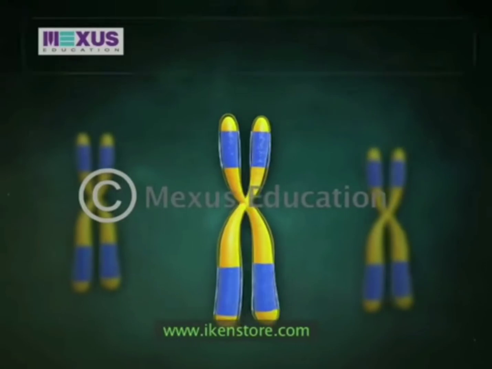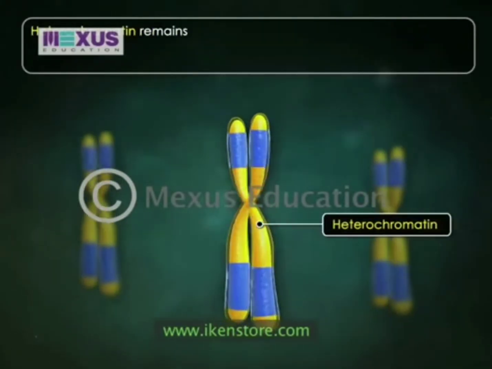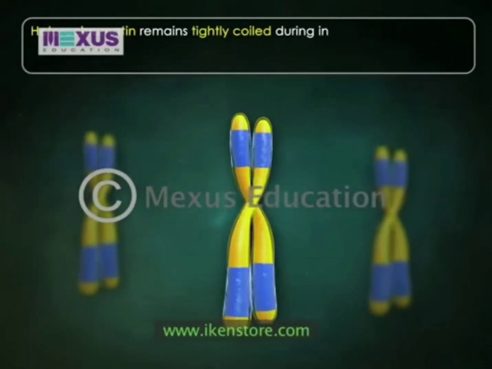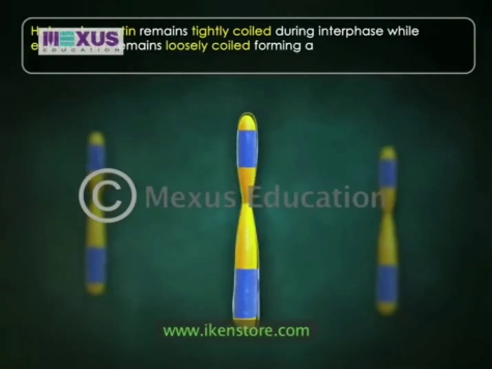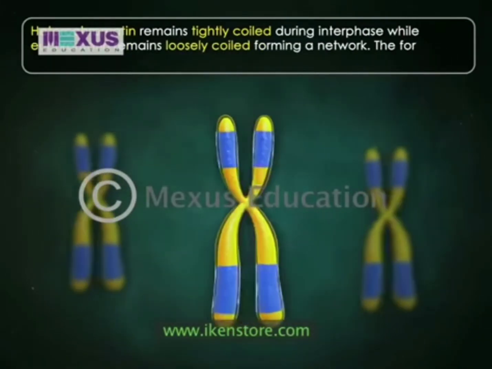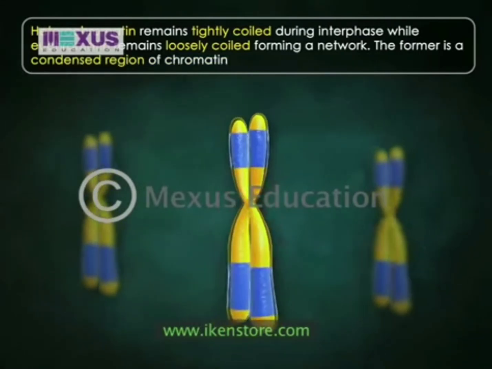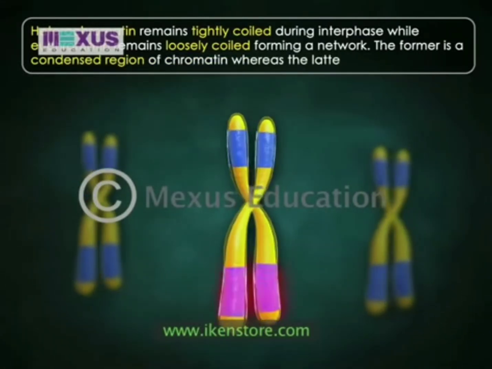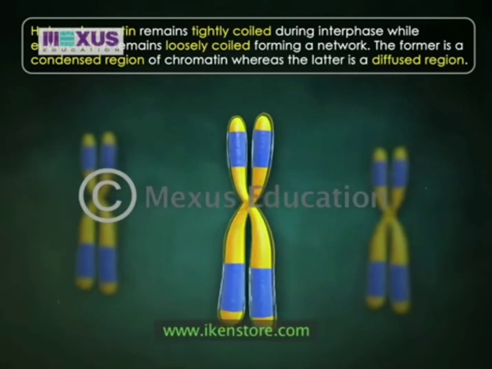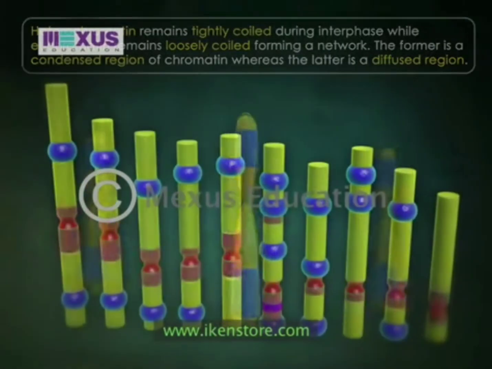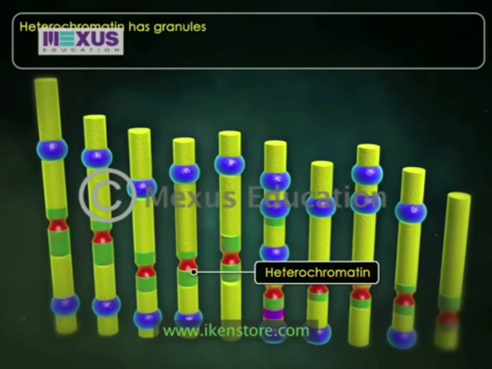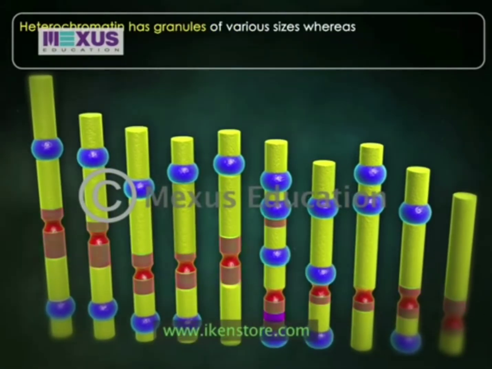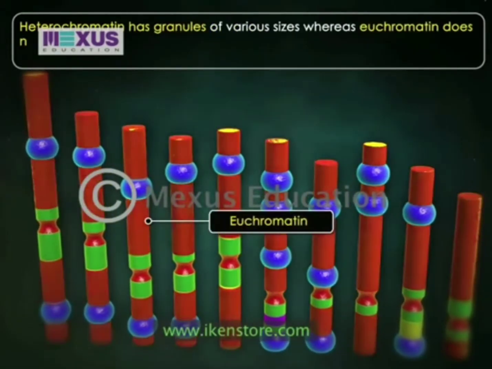The former is a condensed region of chromatin, whereas the latter is a diffuse region. Heterochromatin has granules of various sizes, whereas euchromatin does not have granules. Besides, heterochromatin is present in certain places in chromatin, while euchromatin forms the bulk of the chromatin.